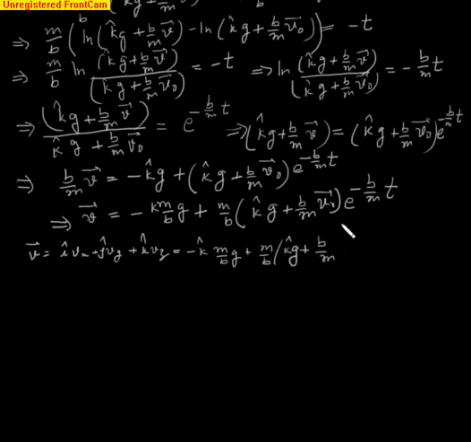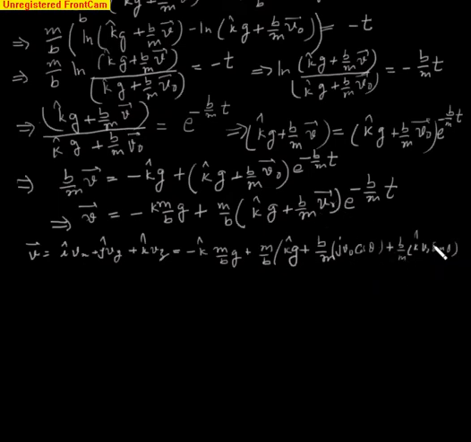Plus b over m. Now here v naught has also two components, so I can write the first component, that is along the j axis, so I will write j v naught cos of theta, plus b over m, k v naught sine of theta.